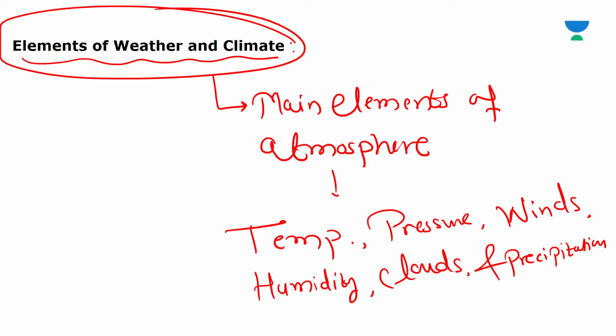Now, we will discuss all these elements in upcoming chapters. So the main elements of the atmosphere which are subject to change and which influence human life on earth are temperature, pressure, winds, humidity, clouds, and precipitation.